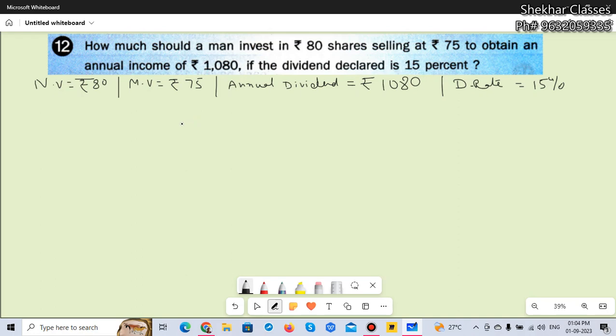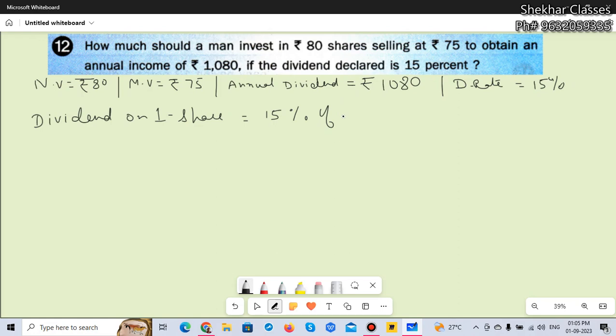So first of all, let's find what the dividend on one share is. How much is the dividend on one share? That will be equal to, he is getting 15%, right? So 15% of nominal value.